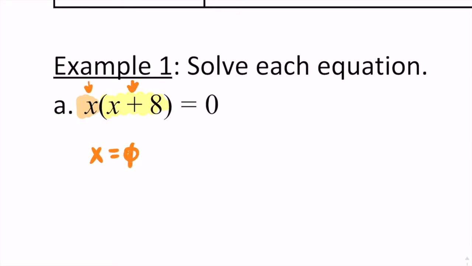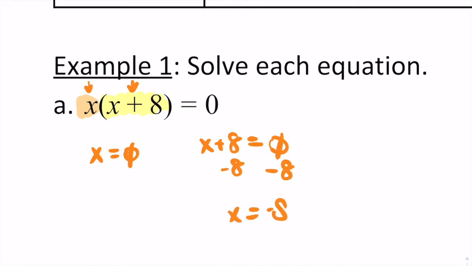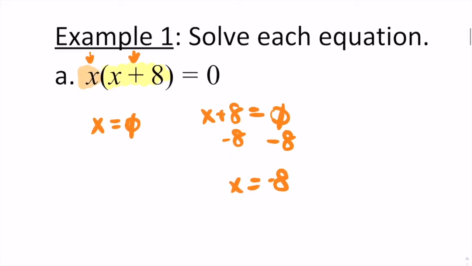That's a nice one. And then the second one is going to be x plus 8 equals 0, minus 8, minus 8, x equals negative 8. So that means you have two solutions. You have x equals 0 and negative 8. Okay, so you set both of these factors equal to 0 and you solve them separately.